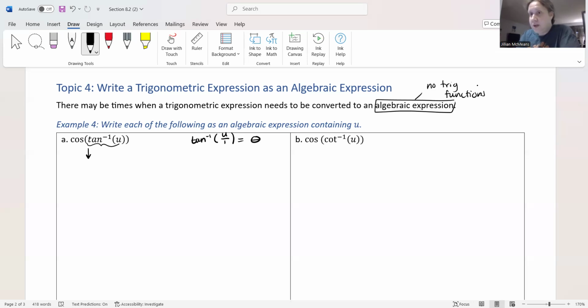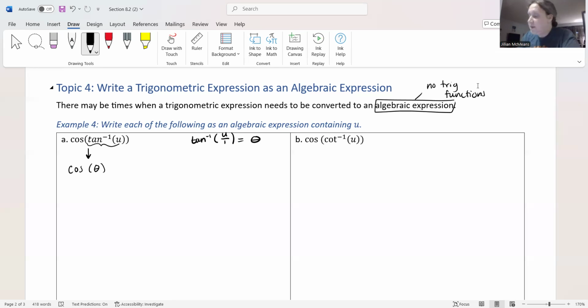We know that inverse tangent of u is really just an angle theta, so we can rewrite this for now as cosine of theta, okay? So we're just going to kind of rewrite our expression here. But we still have to acknowledge that we need to come up with some way of coming up with a ratio for cosine based on this angle that we know inverse tangent of u over 1 gives us, okay?